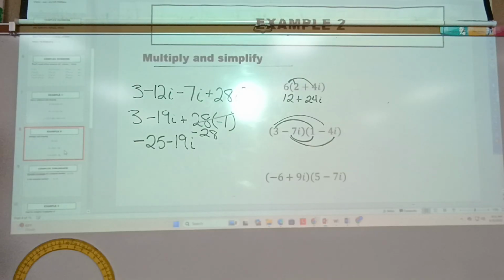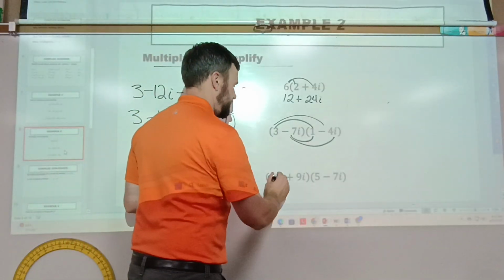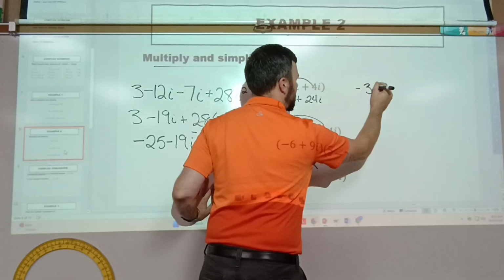So again, do you guys see? Would you like to see another one? Because these are the trickiest ones we're going to see. Let's do the bottom one too. It won't hurt us. Negative 6 times 5 is negative 30.